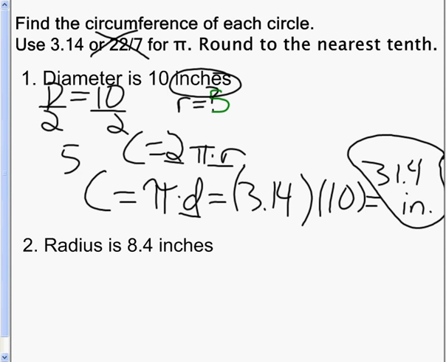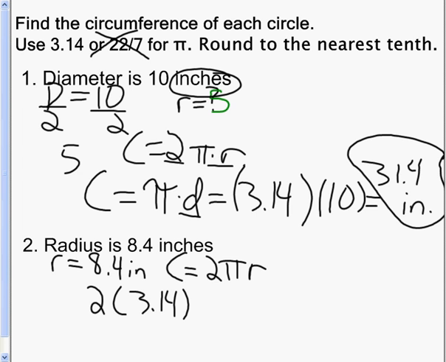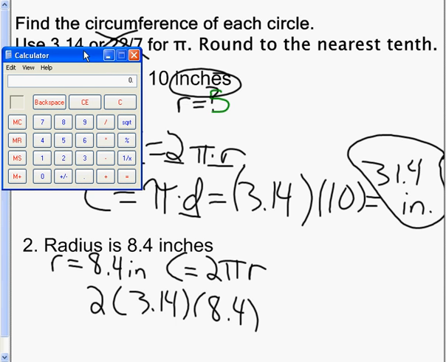Next, we have radius is 8.4 inches. Twinkle, twinkle, little star. Circumference equals 2 pi r. So, if we have circumference equals 2 pi r, let's plug in what we know. 2 times 3.14 times 8.4. Then on our calculator, plug it in. 2 times 3.14 times 8.4.